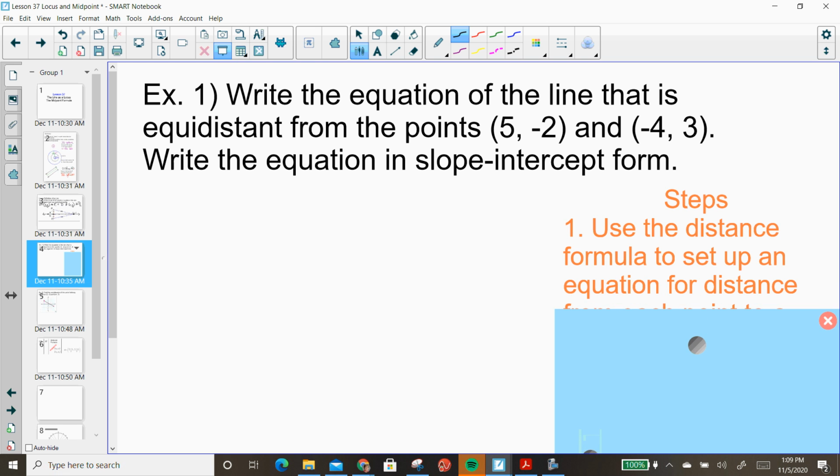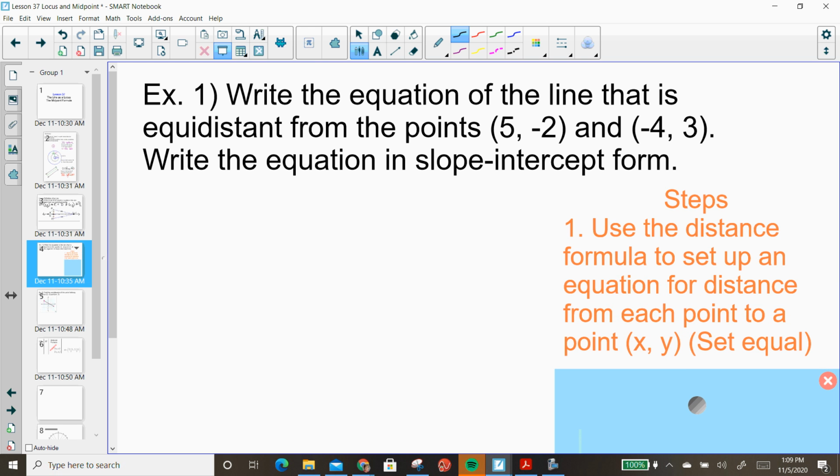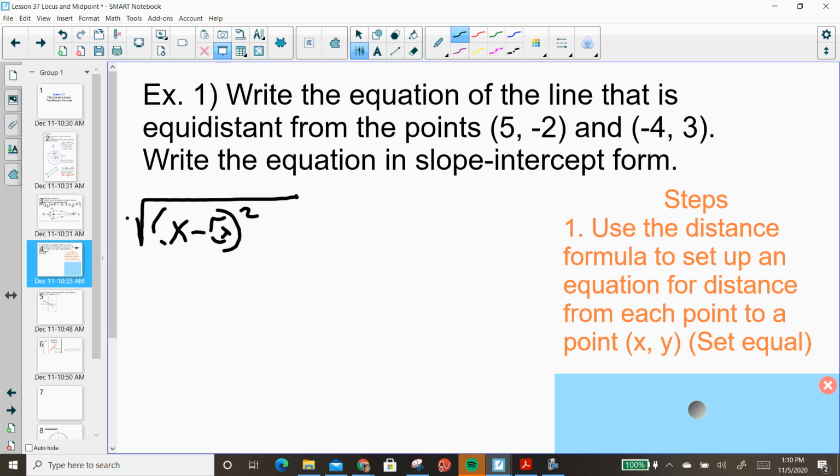So first thing we are going to do is to write down what I just said, that the distance from xy to the first point equals the distance from xy to the second point. So the distance must have the square root sign in there. And then from xy to 5, negative 2 is going to be the square root of x minus 5 squared plus y minus the negative 2, so y plus 2 squared.